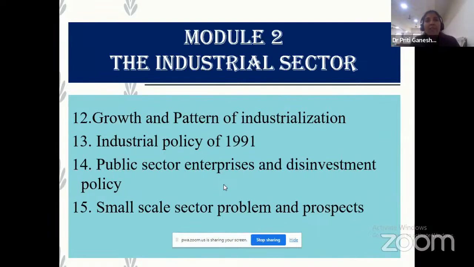So maybe 100% of the students attempt chapters 16 and 17 only for the exam, because the students' mentality is like that: rather than 4 chapters, I can go for 2 chapters. So it is true, it is correct. You can focus on chapters 16 and 17, and the remaining 4 chapters you can prepare for the objectives part.